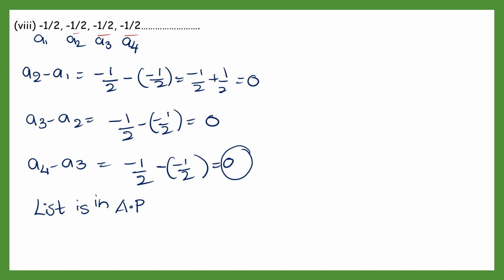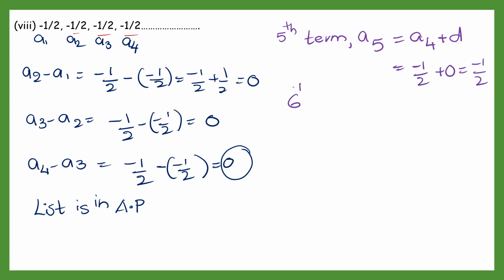Now let's find the fifth term. Obviously all the terms are the same, so the fifth, sixth and seventh terms will also be the same. A5 is equal to A4 plus common difference. A4 is minus 1 by 2, common difference is 0, you get minus 1 by 2 again. The sixth term is nothing but the fifth term plus common difference.